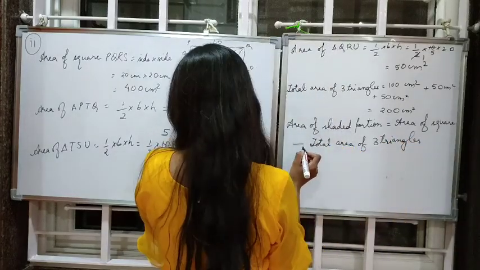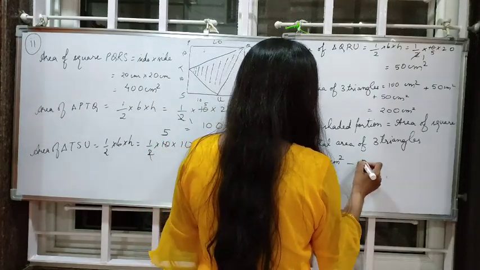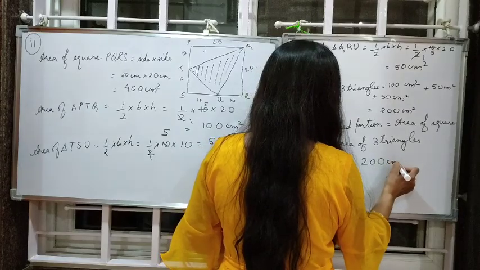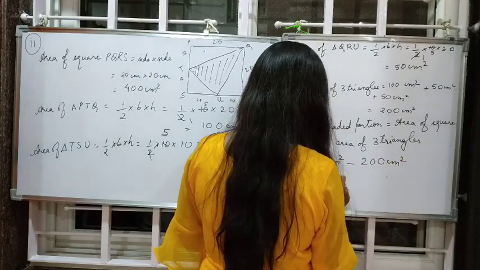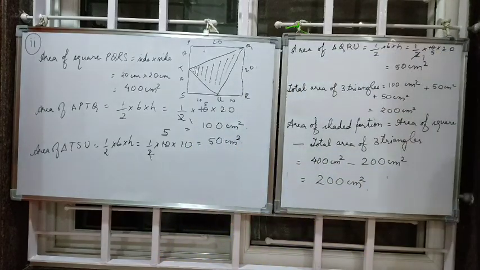So what is the area of square? 400 centimeter square minus 200 centimeter square, which gives us 200 centimeter square. So this completes the second part of the question.